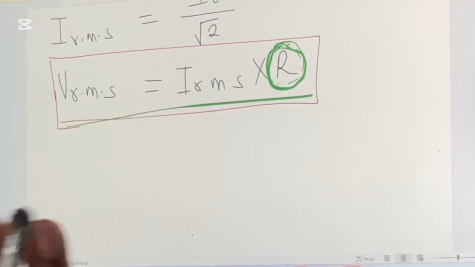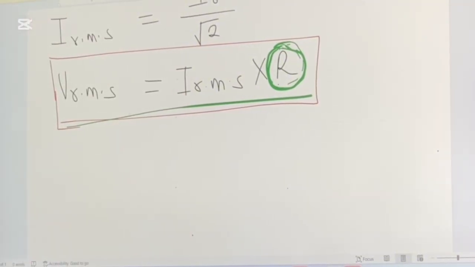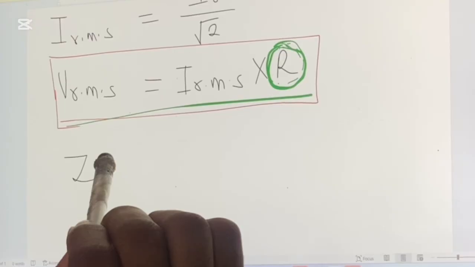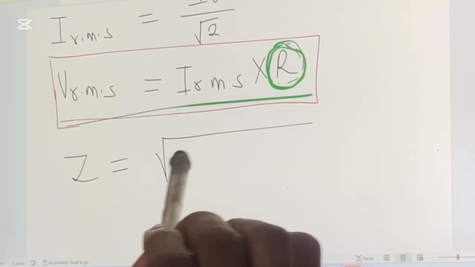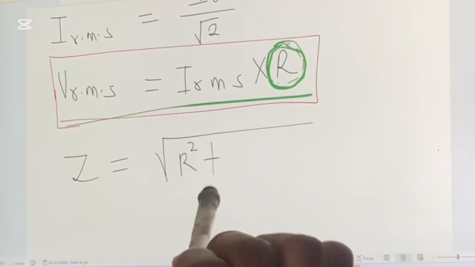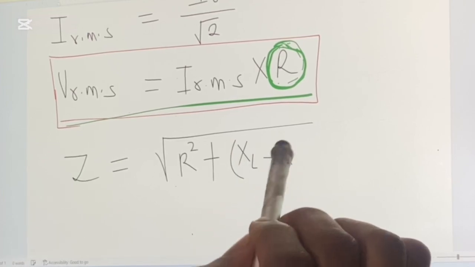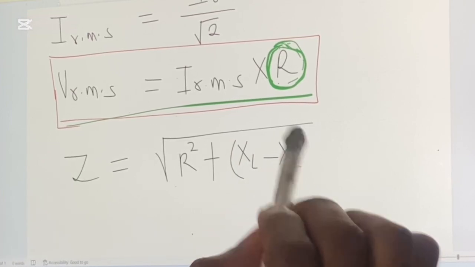The impedance is the total resistance in a circuit. The formula definition of impedance is Z is equal to square root of R square plus reactance inductance minus reactance capacitance, all square.